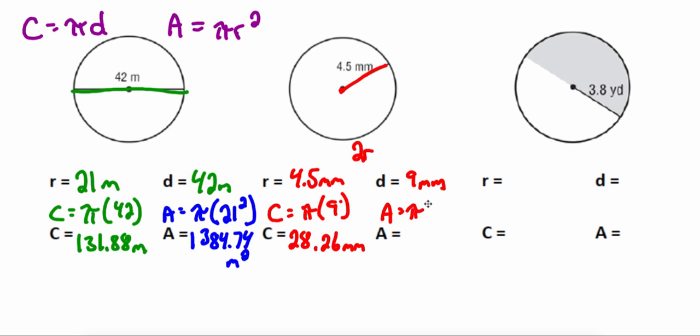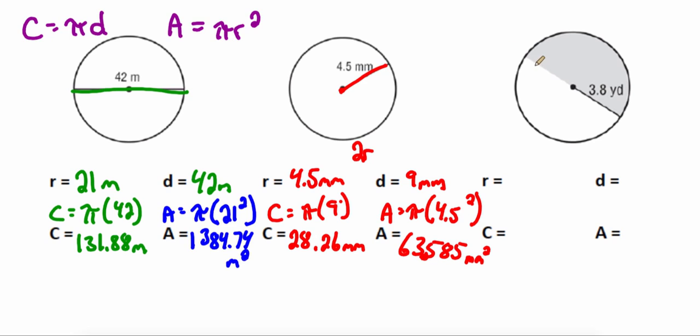Area is going to be pi times the radius, 4.5 squared. So 3.14 times 4.5 squared gives me 63.585. We're dealing in millimeters, so millimeters squared. Remember, area is always squared.